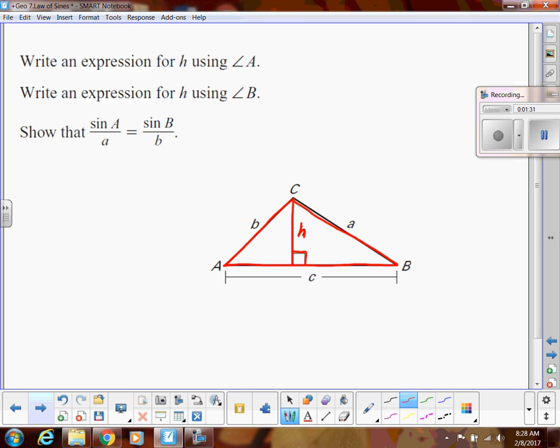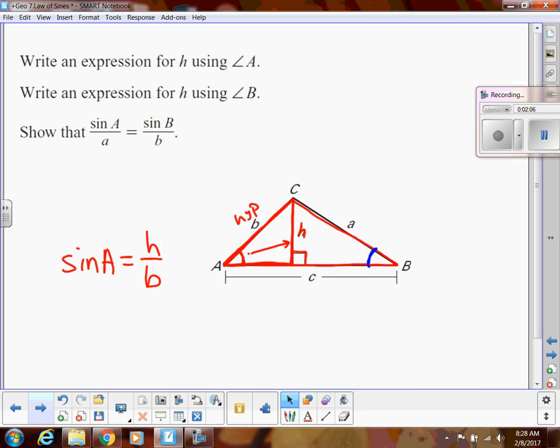We're going to write an expression for H using angle A, and then an expression for H using angle B. If I think of angle A and this right triangle created by dropping that altitude, then the sine of A, remember, opposite over hypotenuse, and this would be the hypotenuse in that smaller triangle, is equal to H over B.